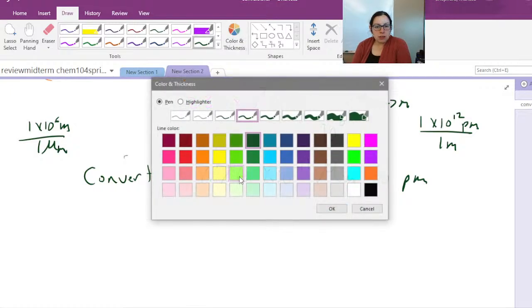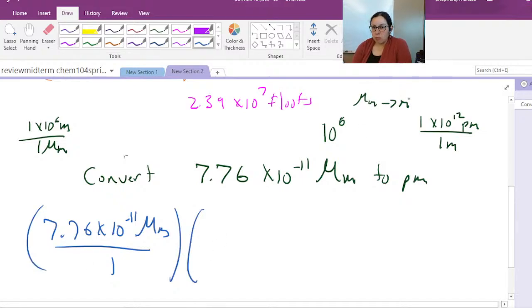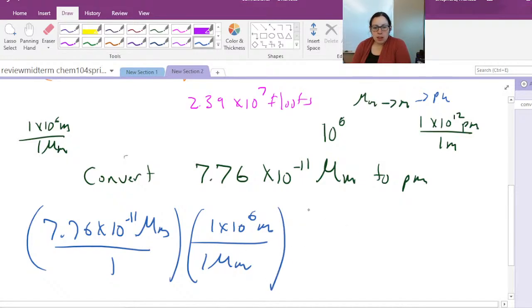So now we can use our dimensional analysis. So now I'm just setting up what we went through. So let's put 1 times 10 to the 6 meters on top. So megameters cancels. And then now I need to put meters on bottom so that we are left with picometers.